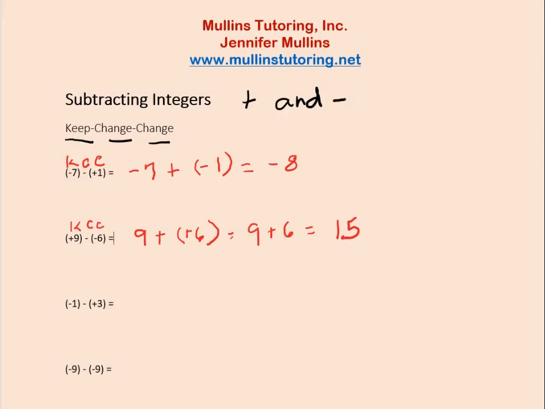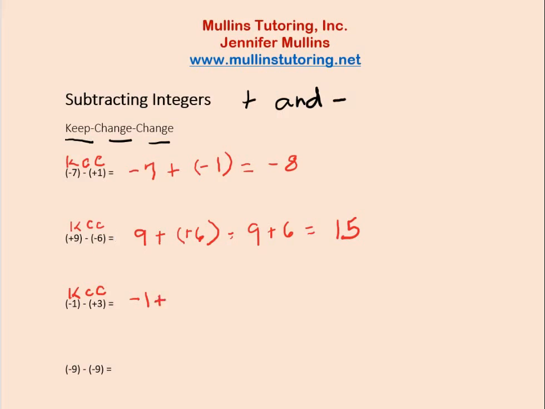Let's look at the third problem. So I'm going to remember I'm going to have my K, C, C, and this is just a good practice to get students in until they get comfortable with doing this without having to write this down. So I'm going to keep that -1 the same. Since my middle sign is a subtraction or negative, I'm going to change it and make it a positive.